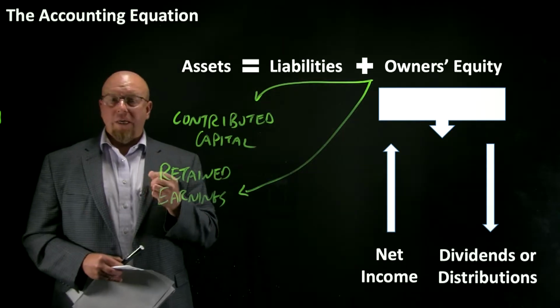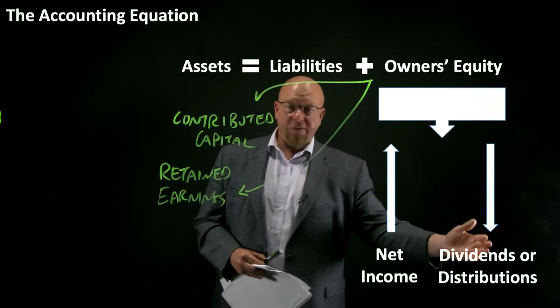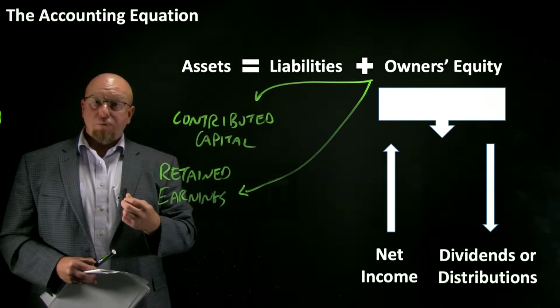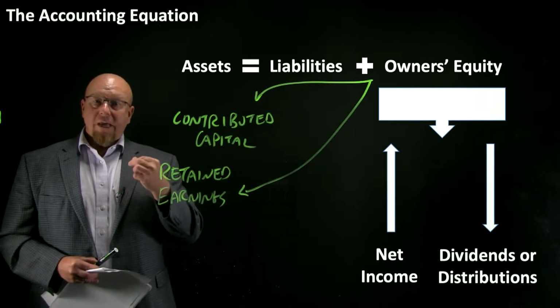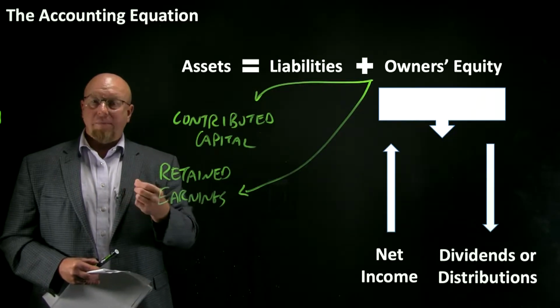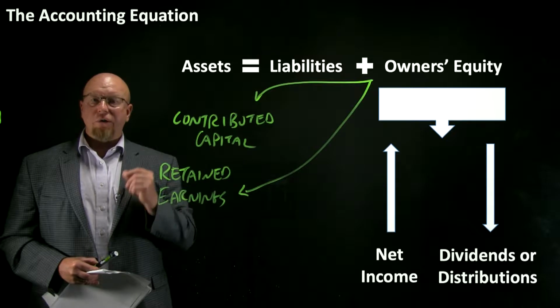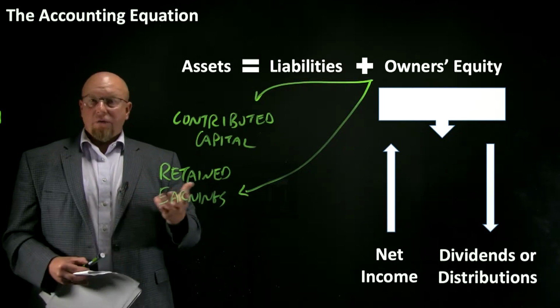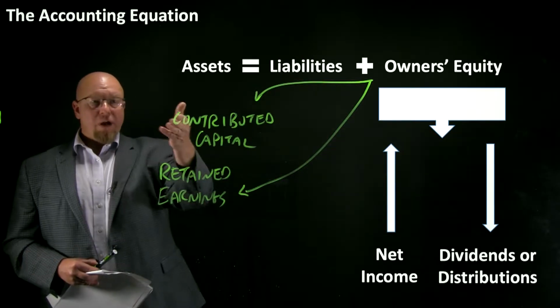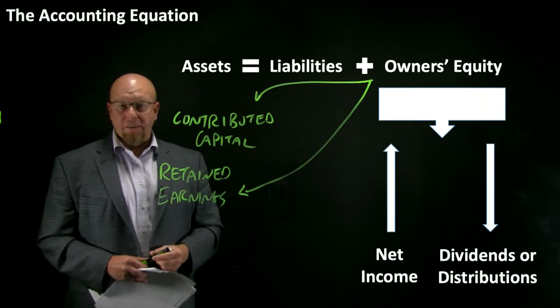But some people would like to see distributions or dividends. So in other words, as the company generates profit, some of that can be distributed to the owners, and that's a return on their investment. Not a return of their investment, it's a return on their investment. You can think about it as being a bit of the reward for being an owner, for having tied up some of your capital into the entity.